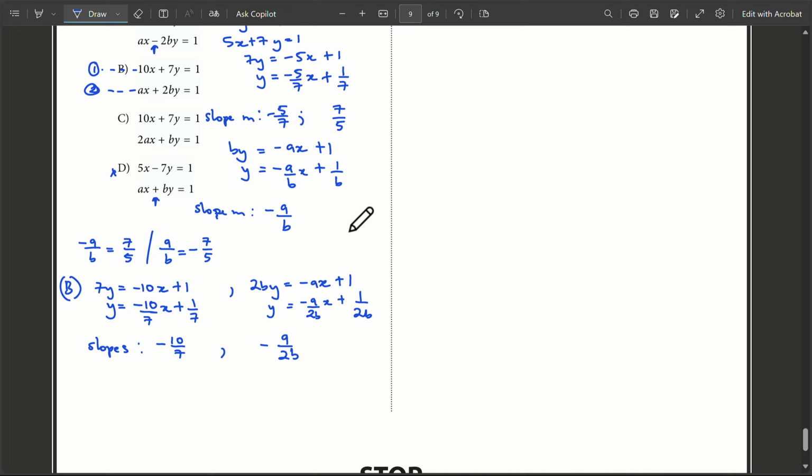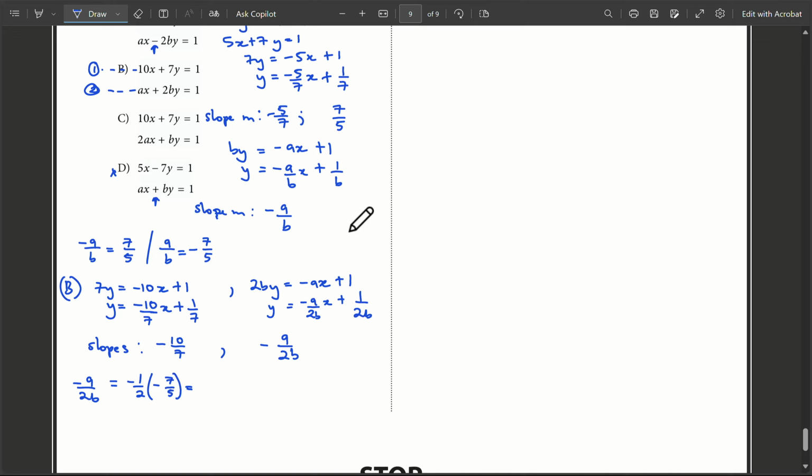So if a/b is equal to -7/5, we have a similar thing with a/(2b). That means -a/(2b) is the same as negative half multiplied by -7/5.